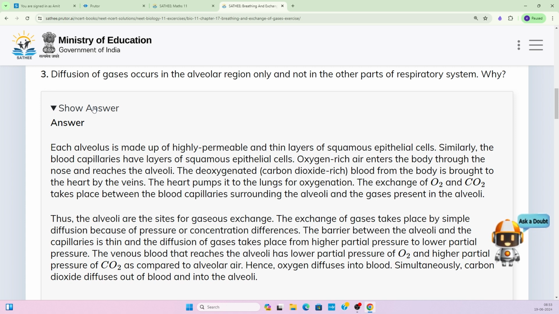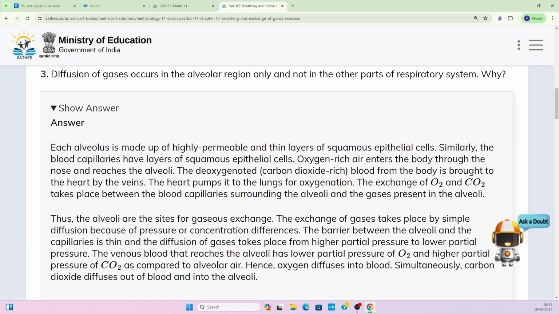Hence the oxygen diffuses into the blood. There is a concentration gradient difference, so the oxygen diffuses into the blood, and simultaneously the carbon dioxide diffuses out of the blood and moves to the alveoli region. So in this way the exchange of gases takes place, right?